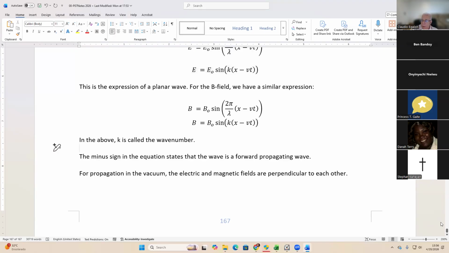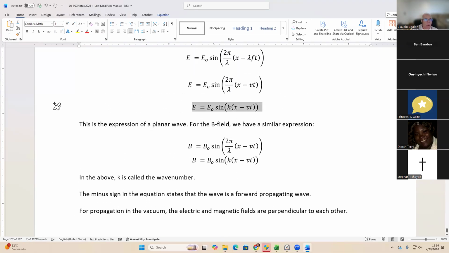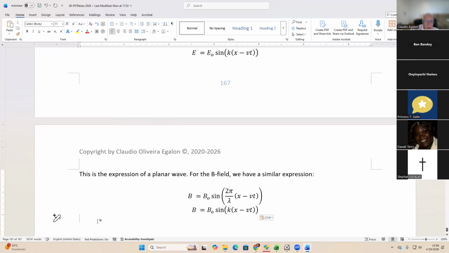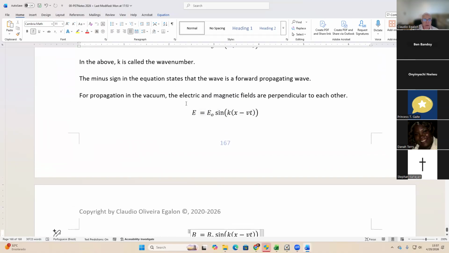In order to be perpendicular to each other, I'm going to copy those two. We can express that in vectorial terms.